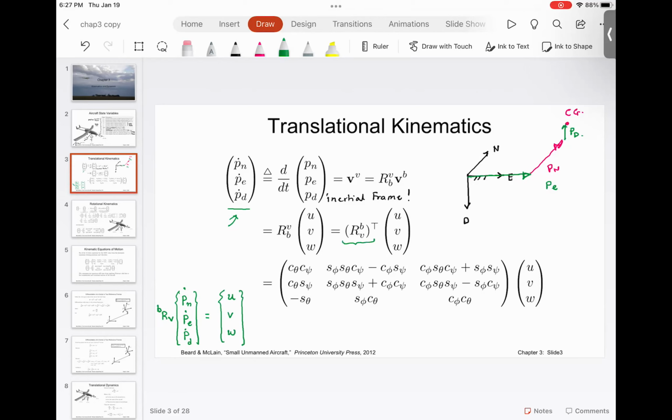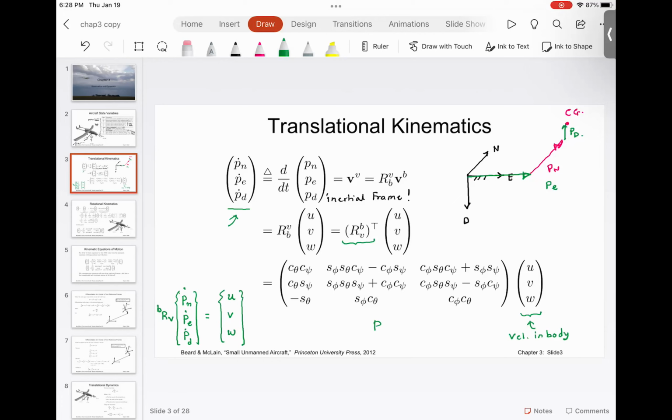This will take me from the inertial frame to the body frame. And that rotation matrix we have already derived in the last class. So this is the velocities in the body frame.